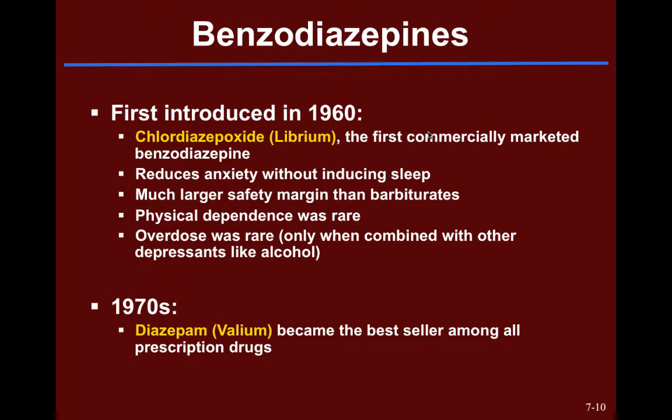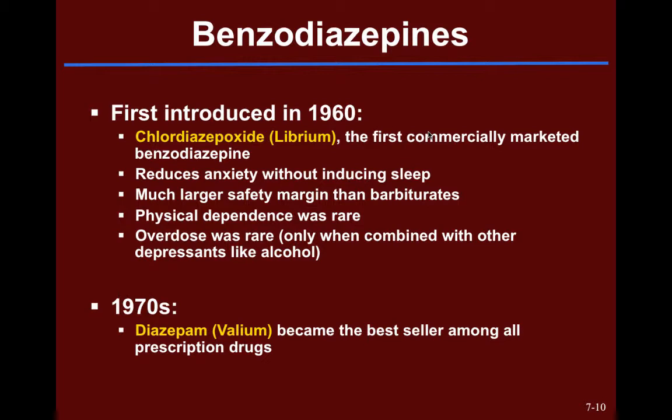So the one that most of us are probably most familiar with from the group of drugs in this category would be benzodiazepines or BZDs. The first BZD was introduced in 1960, Librium, and it was the first one that was commercially marketed. And basically, this drug was able to reduce anxiety without inducing sleep. So it could lower anxiety levels without making a person sleepy.